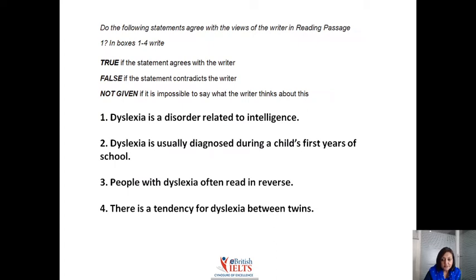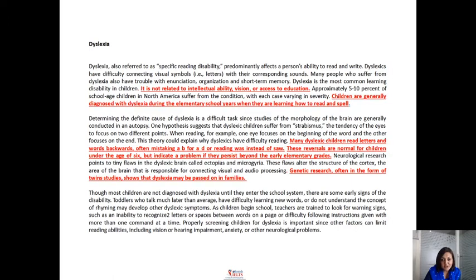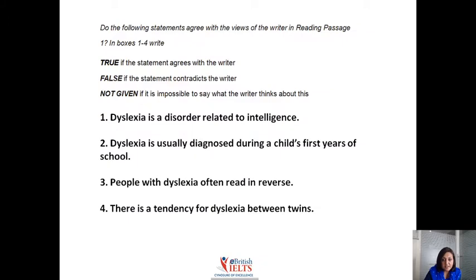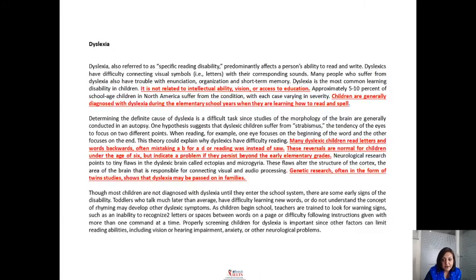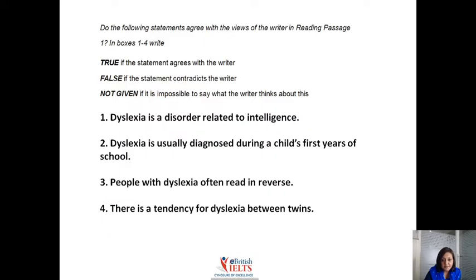Intellectual ability is a close synonym of intelligence. You don't exactly find another word for intelligence here, but intellectual ability means the same thing. It is not related, the passage says, whereas our statement says that it is a disorder related to intelligence. So we see there is a direct contradiction over here in the passage. So it's a false, guys.